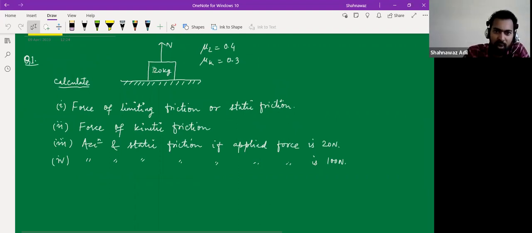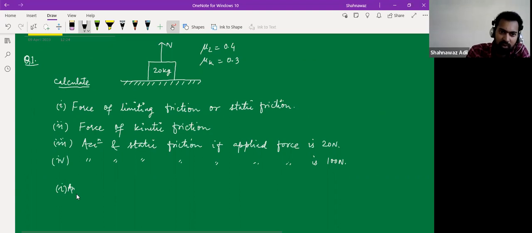There is a block of 20 kg kept on this surface, right? And we are given the static coefficient of friction mu L, or the limiting friction constant, and this is the kinetic friction constant, right? These questions are very simple, so let's just calculate the first.